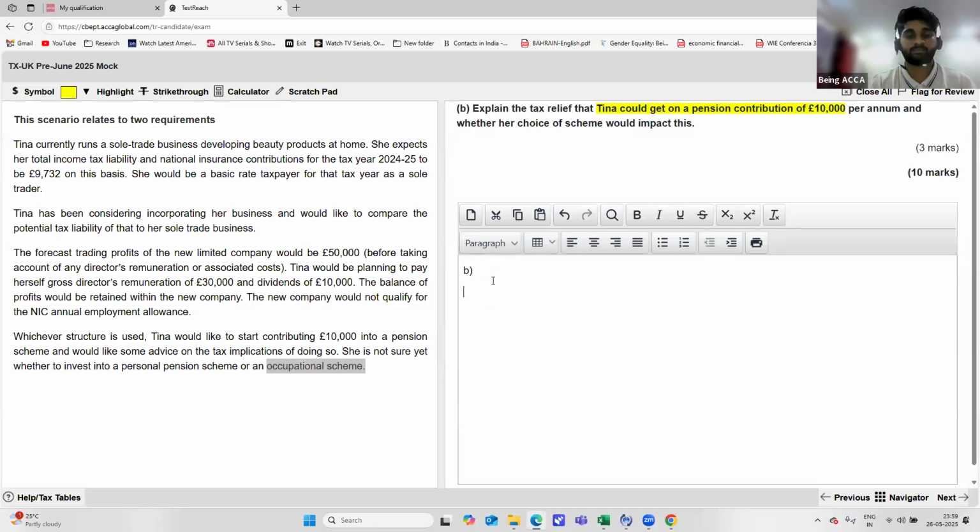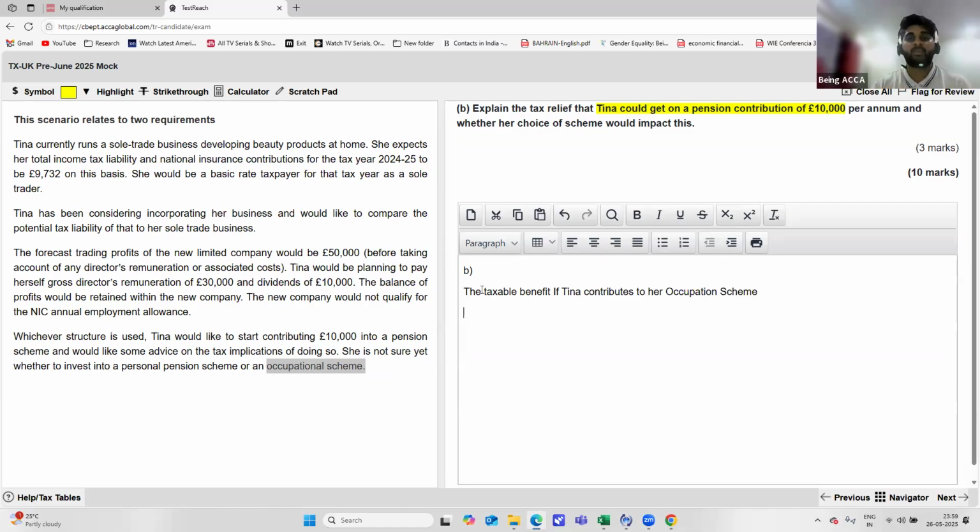So now let's see the taxable benefit if Tina contributes to her occupational scheme. Okay, so what will happen if Tina contributes to her occupational scheme? Her remuneration will be reduced.